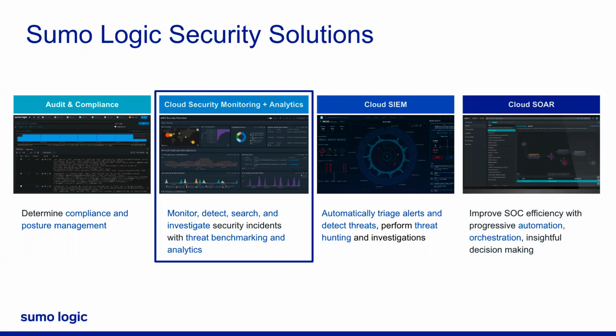So audit and compliance is kind of the lowest level. It's not really security, because you're not necessarily addressing a security aspect in the sense that you're looking for an intruder, but you are reporting on some things to make sure that you're meeting those minimum requirements for compliance and audit purposes. Cloud security monitoring and analytics is a step up from that, because we're actively looking for anybody that's trying to breach your systems.